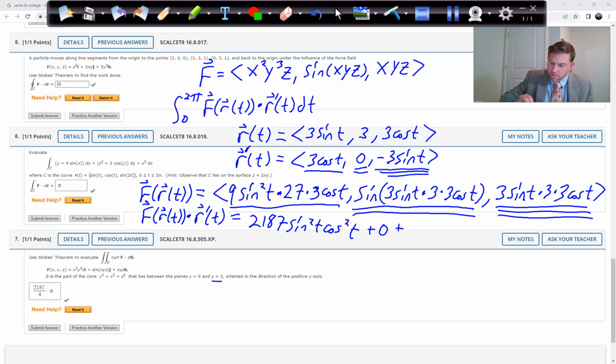Then it's plus, minus. It's a minus 3 times 3 times 3 times 3, which is 3 to the 4th, which is just 81. And we have sine times sine, which is sine squared, and we have 1 cosine t.